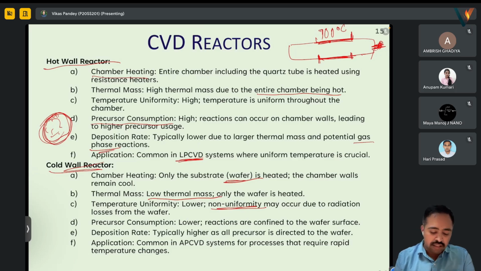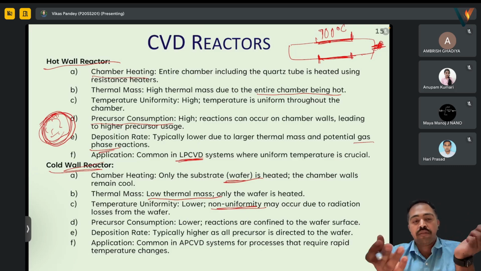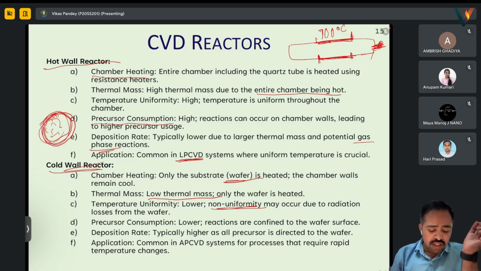Whereas in this case, a small area is only getting heated. So there will be losses and all. And as such, the temperature may not be uniform, because some area might be leading to radiation losses from the wafer.